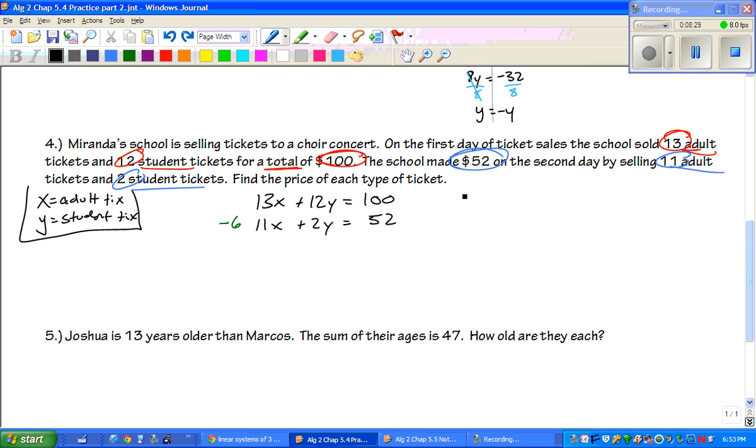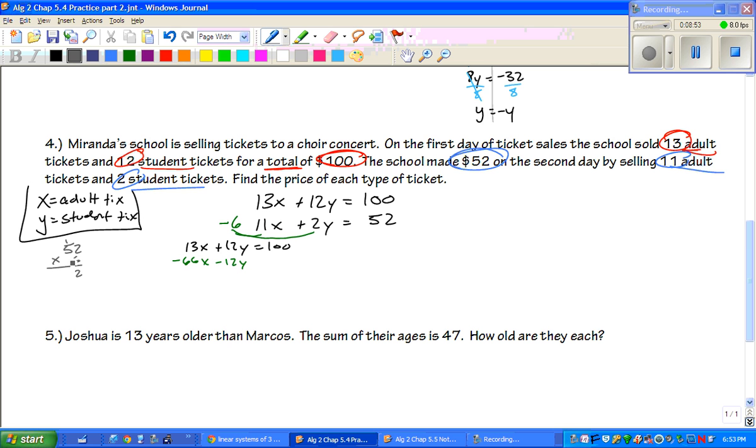Okay, so I'm just going to rewrite 13x plus 12y equals 100. We get negative 66x minus 12y. And I don't know what 52 times 6 is.